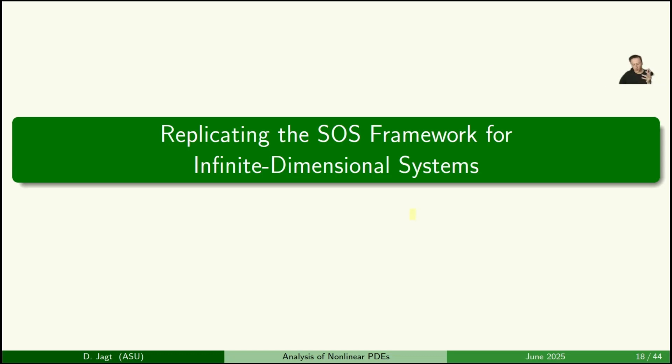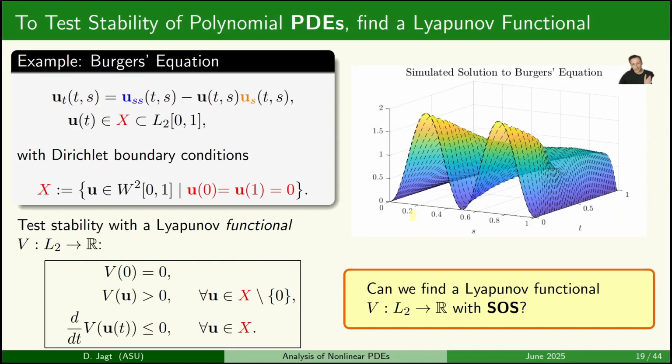We will focus here on just nonlinear 1D scalar valued PDEs. So for example, consider again Burgers' equation, which is a stable system, as the simulation here shows. Now we note that in this system, of course, the state u at each time t is still a function of space.